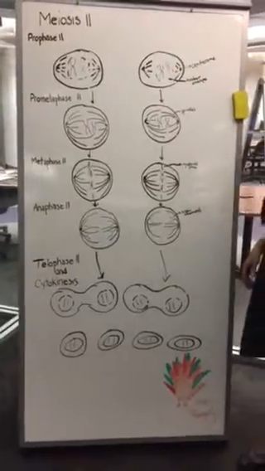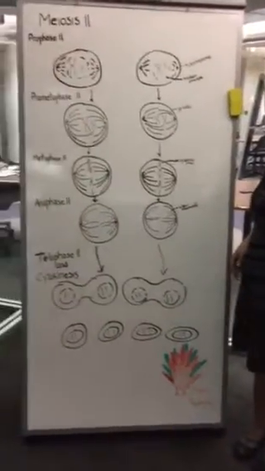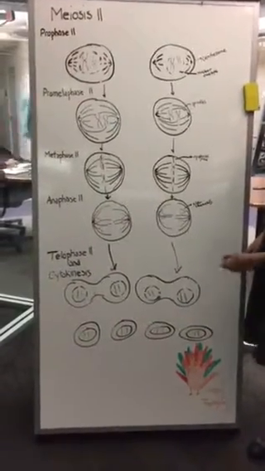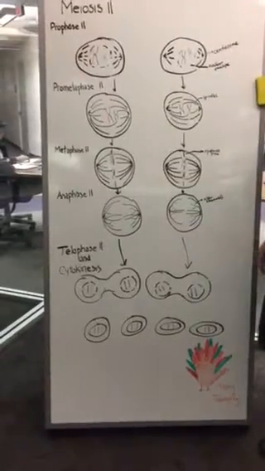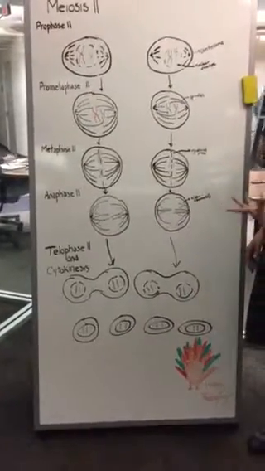And then in prophase 2, which is the first part of meiosis 2, the nuclear envelope once again is broken down in order for the spindles to have access to genetic information.